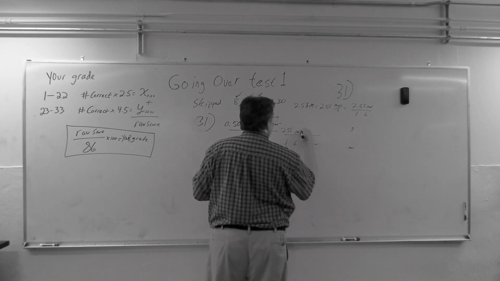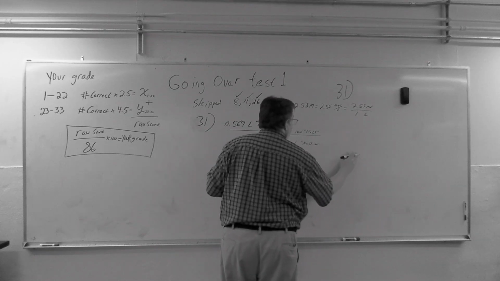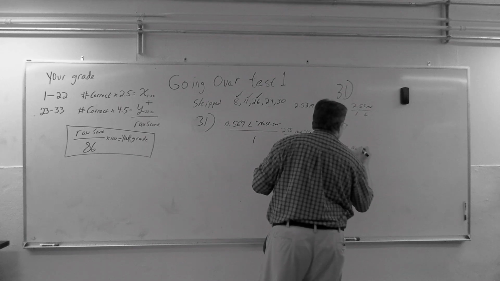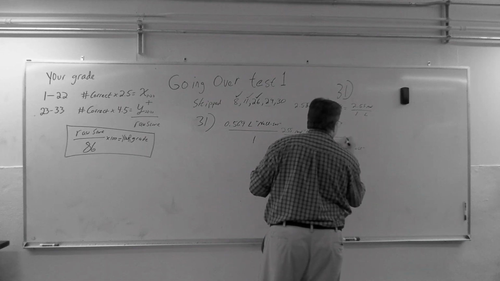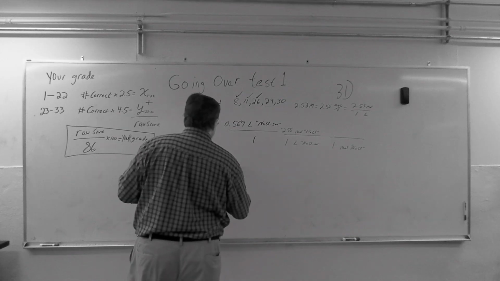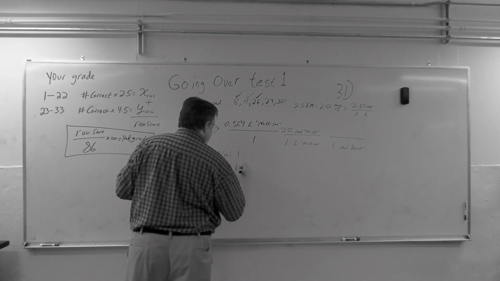2.55 moles of NaCl. We need moles, 1 mole of NaCl. I guess I didn't give you that one. There's one of them, Cl, there's one of them.